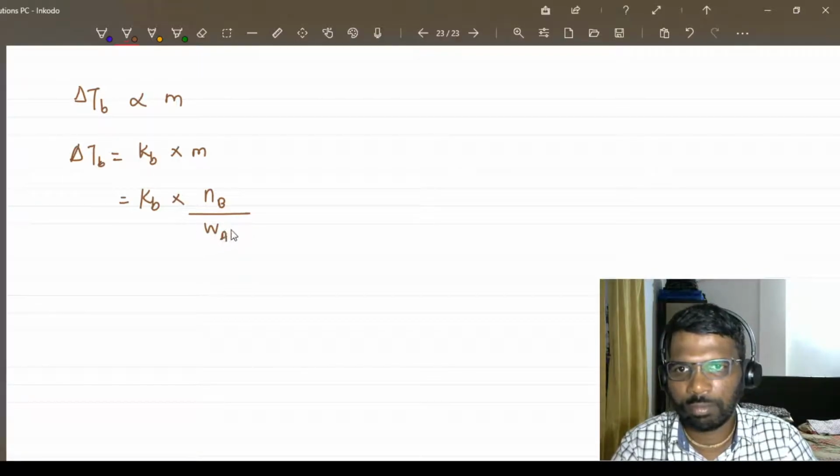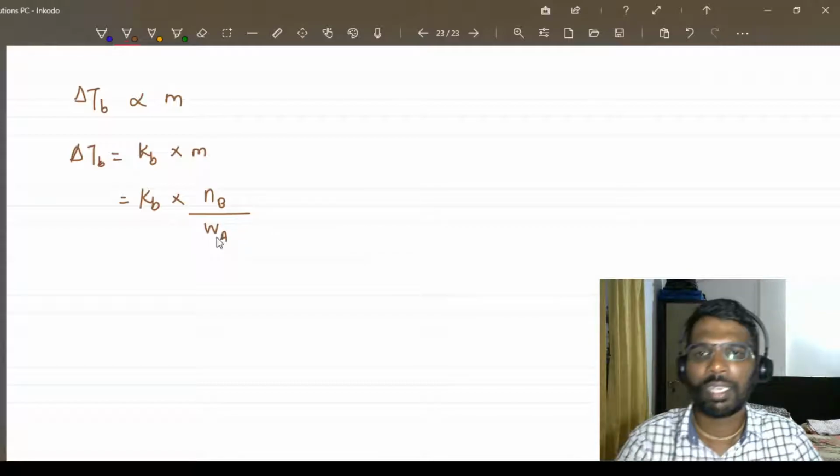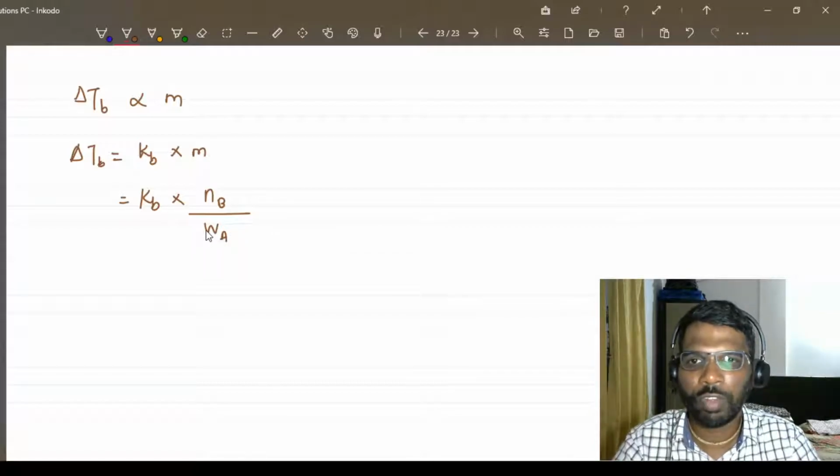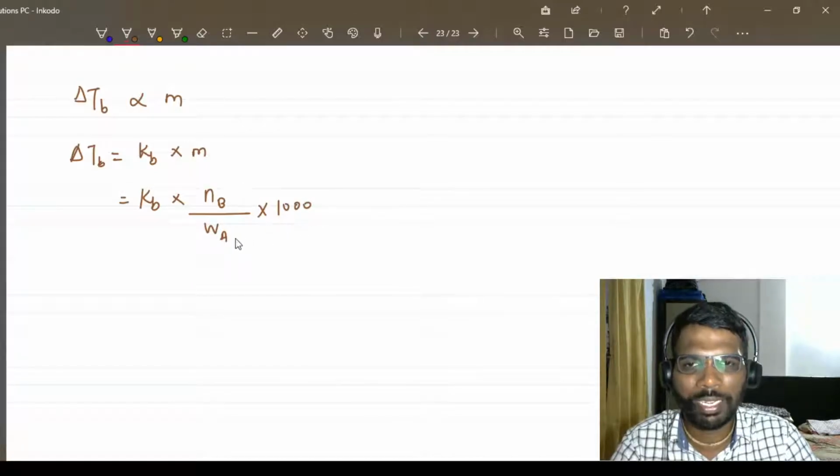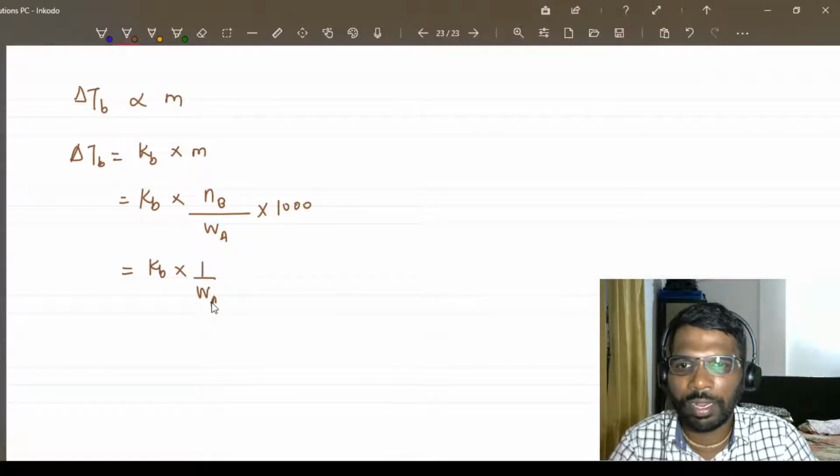This is a general explanation. Sometimes the weights are given in grams, so if you have 700 gram, you should multiply by 1000 to make it in kg. The number of moles of solute is the weight of the solute divided by the molar mass of the solute, into 1000.